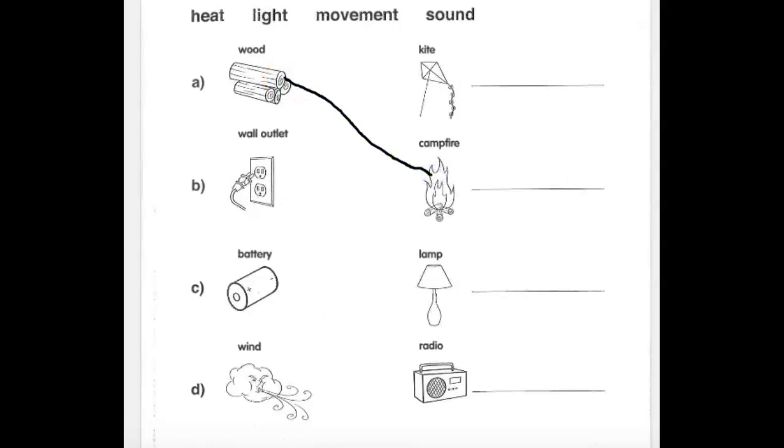And now what energy source is that? Is that heat, light, movement, or sound? What does it create? It creates heat, right? So we're going to write heat next to the campfire.